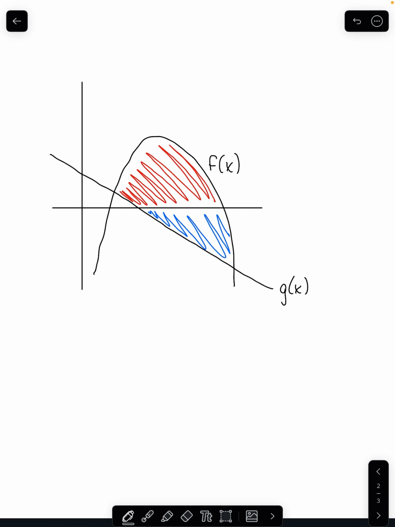In fact, the full definition here of the area of a region between two curves starts with, of course, two functions that are continuous. Continuity is a requirement of integration. So we have two functions that are continuous on an interval from a to b.